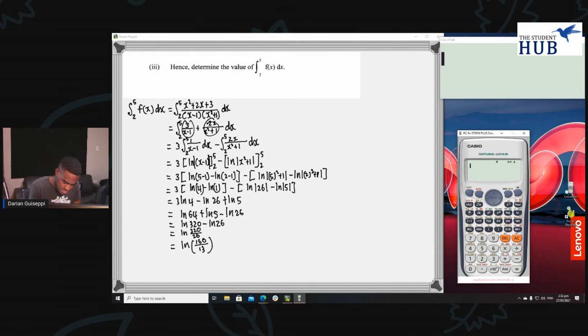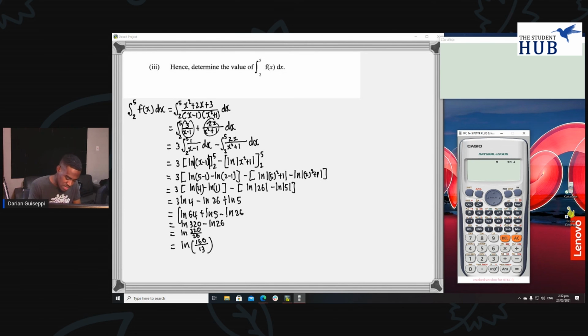And basically, if you look at my solutions here, you would see I just kind of played around with the lons here. I would have added, well, this and this together, right, would come together. You could bring the 3 up here, so you would get ln of 4 to the power of 3, right?